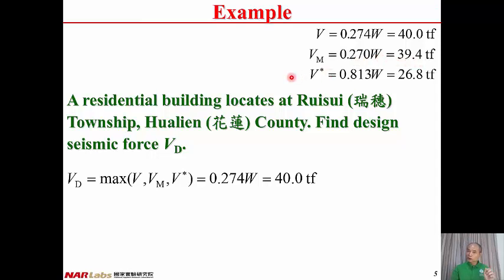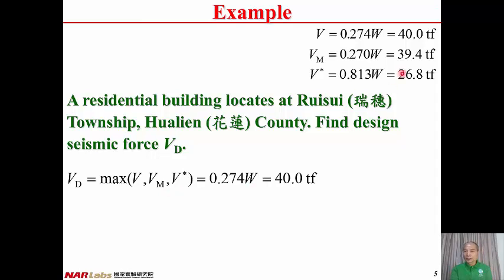And small to moderate seismic force V star equal to, there's something wrong here I think, 26.8 ton force. And the question is to find the design seismic force Vd, and Vd equals the maximum of design basis seismic force, maximum considered seismic force, and small to moderate seismic force.